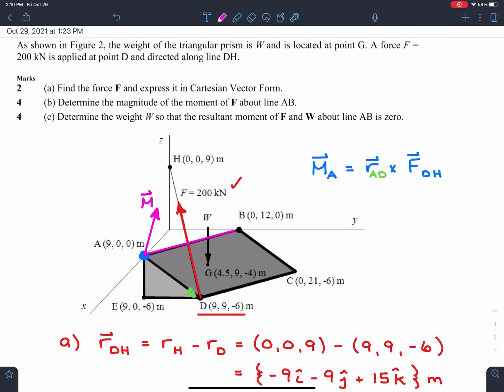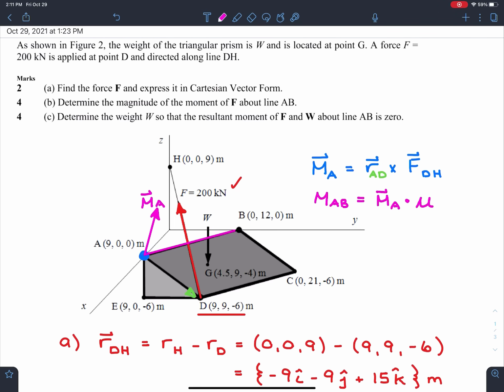But now what we want to do is find the component of this moment vector along that specific line. How do we find a component of something along an arbitrary axis? Well, it's going to be the dot product. So the moment about a line, in this case AB, is going to be equal to our moment about A dotted with the direction of that line.